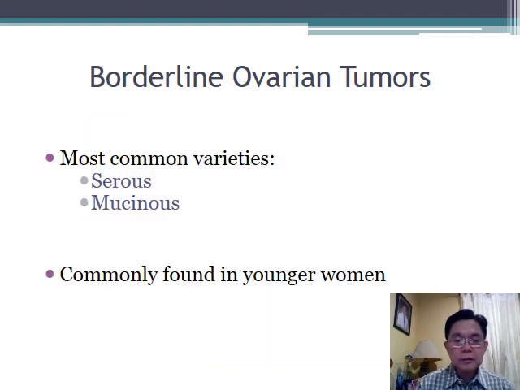The most common varieties of borderline tumors or tumors of low malignant potential are serous and mucinous. And what is very significant is that they are usually found among younger women. That is very important in terms of the discussion of management later on of ovarian cancers, and particularly borderline tumors of low malignant potential.